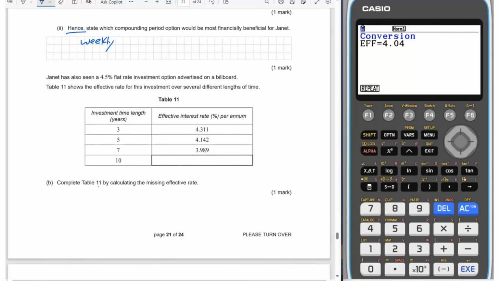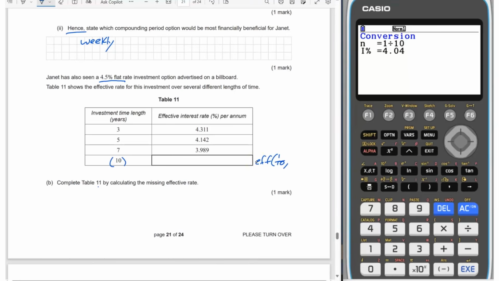In table 2, she's also looking at some options, and she's got 4.5%, but this time it's a flat interest rate, and it's done a little bit differently in the graphics calculator. So when we look at the graphics calculator this time, the N is going to be, because it's a 10-year, equal to 1 divided by 10. So it's 1 on N essentially.